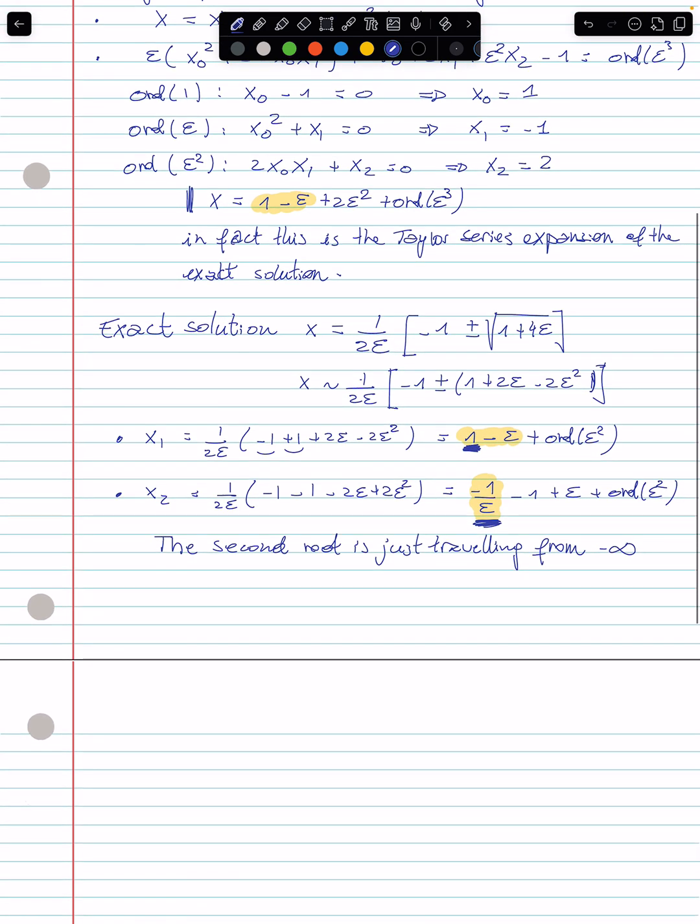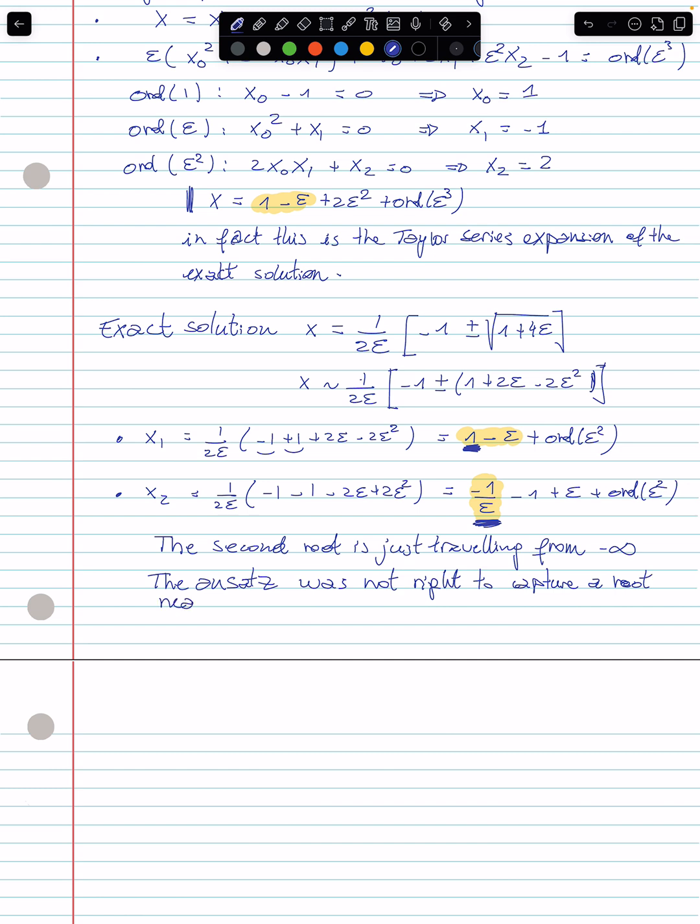And so, of course, the ansatz was not right to capture a root near minus infinity.